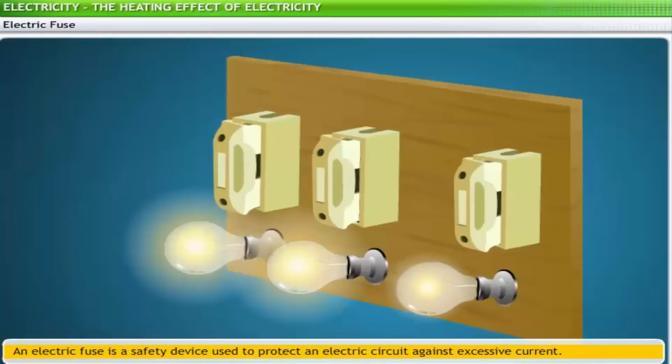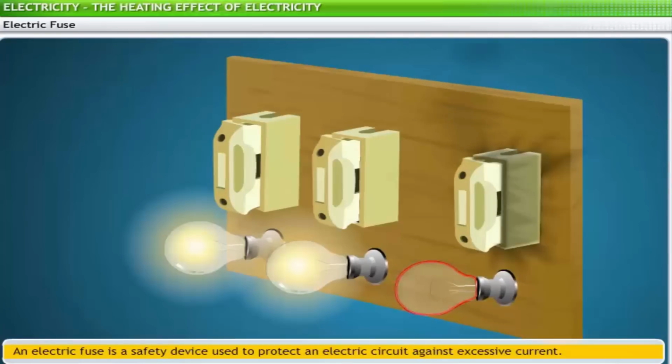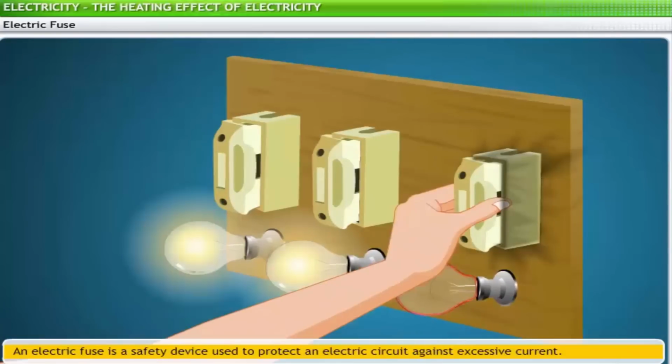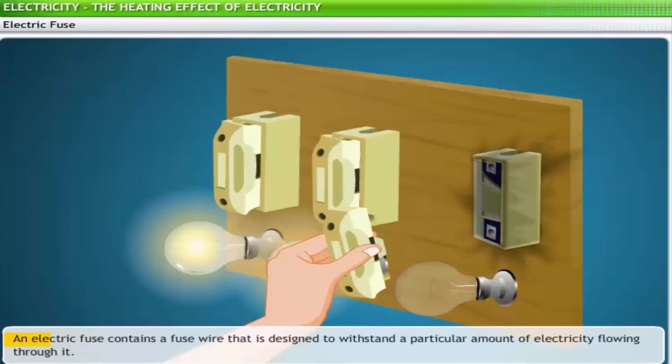The mechanism of the electric fuse is based on the heating effect of electricity. You may have often heard people talking about replacing the fuse in their homes because the fuse blew, cutting off the power supply. An electric fuse contains a fuse wire.